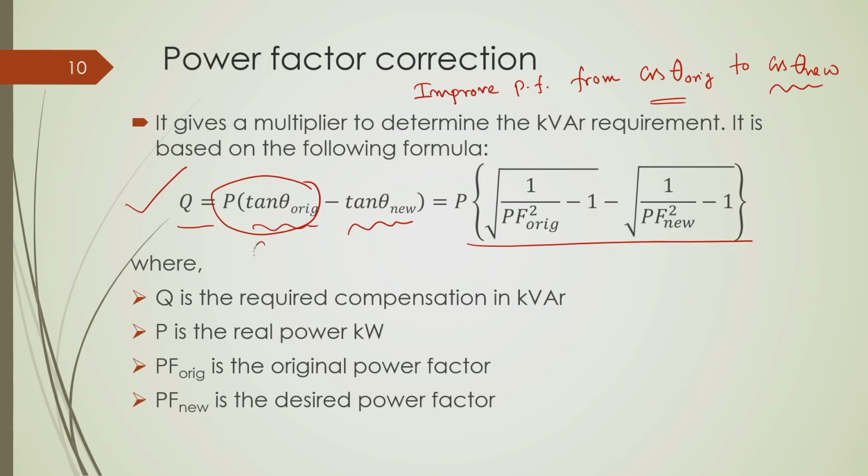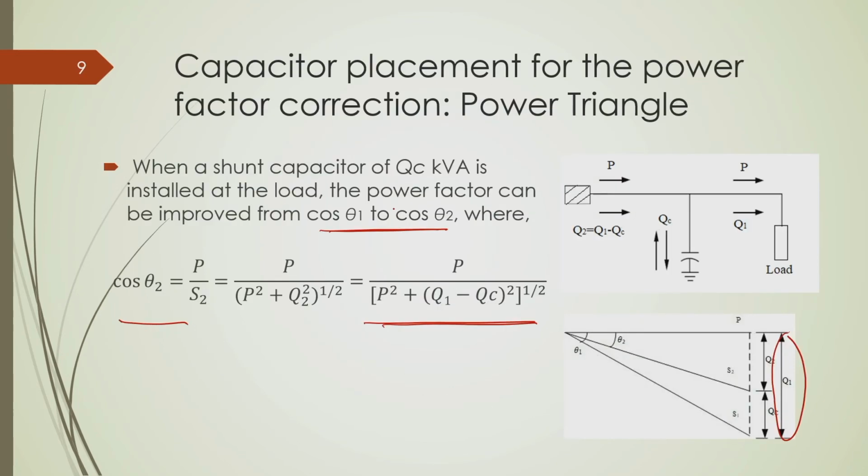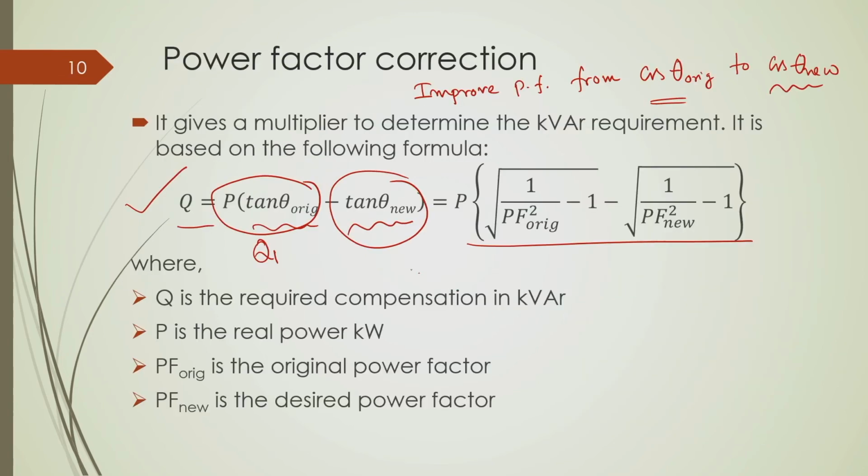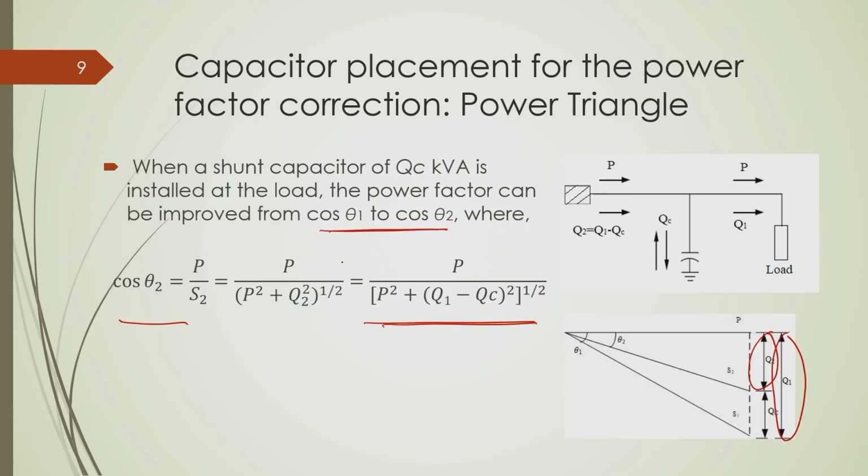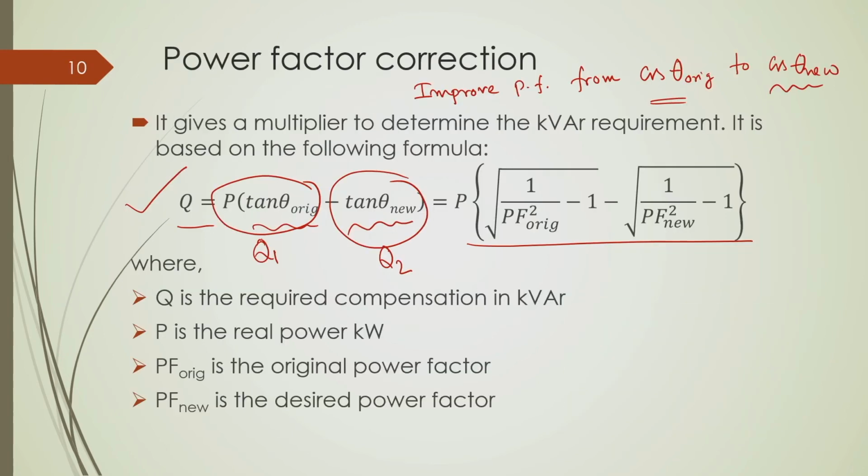And this part, that is P multiplied by tan theta nu, is basically Q 2. So, if you take the difference of that, whatever you get is the capacitor size. Okay. Now, you can replace this tan theta in terms of power factor.